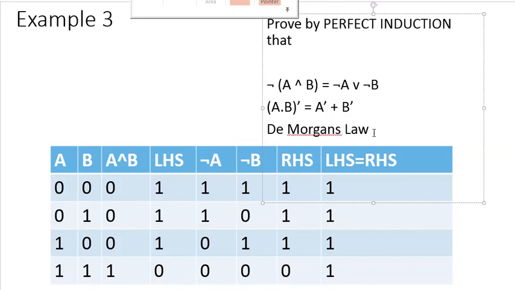Basically what it says is that if you not an and, to remove the bracket you need to not only negate the variables, but you need to change the and to an or. That's it. Thank you for watching.